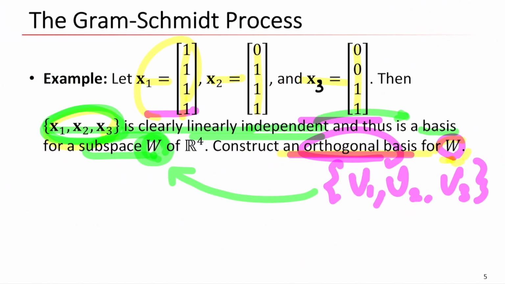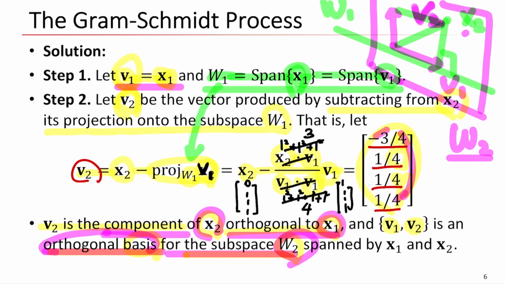So what can we do? We can follow similar steps. The first one, let's start from v1 and define the W1 space, which is the span of x1, or v1. Then let's find v2, which is the vector produced by subtracting from x2 its projection onto the subspace W1.